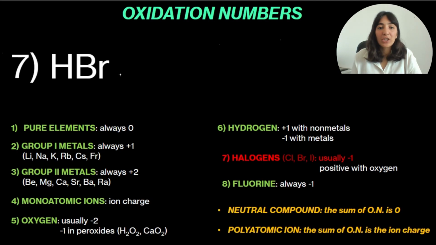Here we have HBr, the oxidation number of bromine, which is a halogen, is -1 because we have no oxygen in this compound. And the oxidation number of hydrogen with non-metals is +1. If we do not remember the oxidation number of hydrogen or bromine, we just can write our equation and find it, okay?